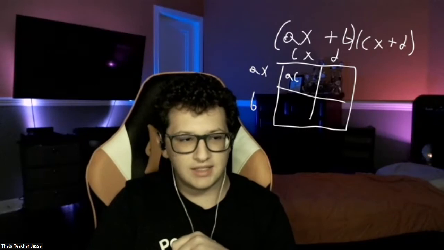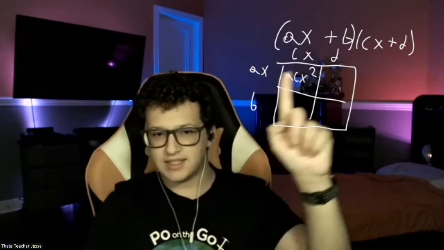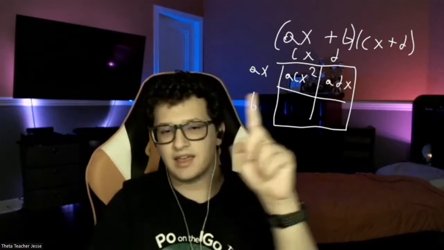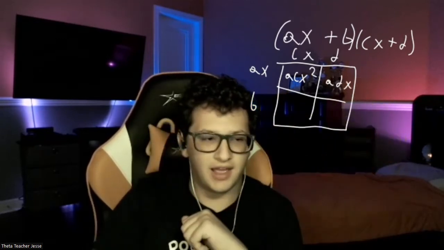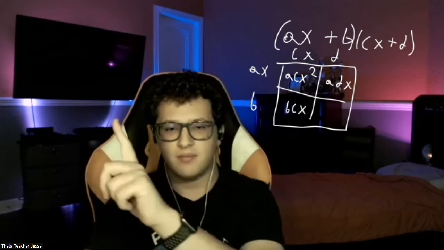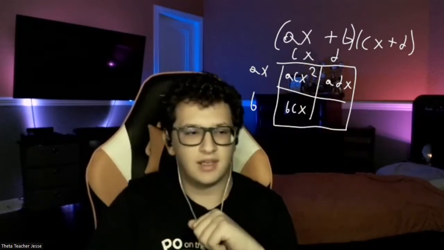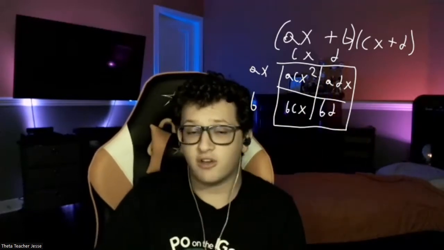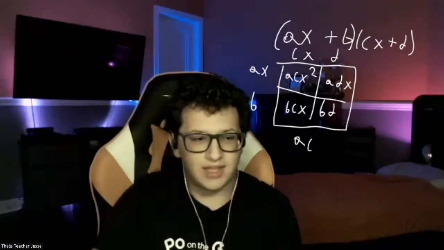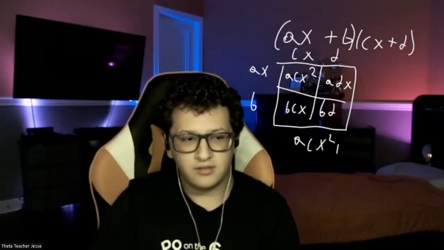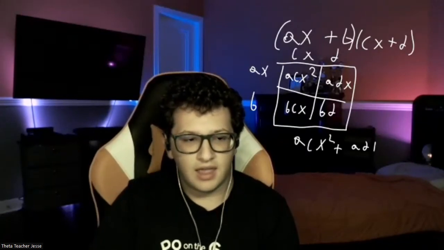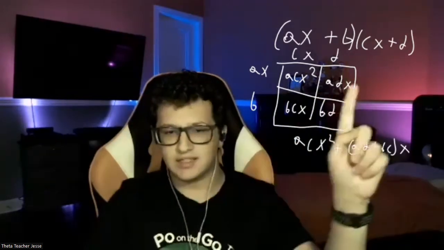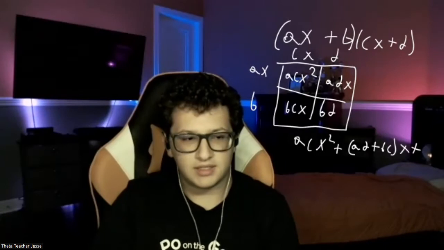So this is acx squared, which is ax times cx. Now we have adx, ax times d. Here we have bcx, b times cx. And lastly, bd, just b times d. And now we group all like pairs. So that's ac x squared plus ad plus bc, x, because they both have x's in here, plus bd.